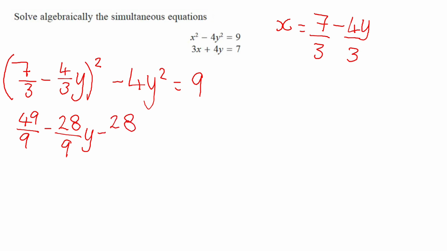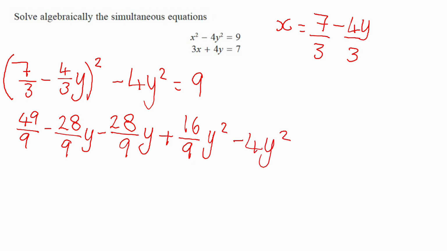Minus 28 over 9 y plus 16 over 9 y squared, and then I'm going to add on the minus 4y squared from the question, and that is equal to 9 as given to us.